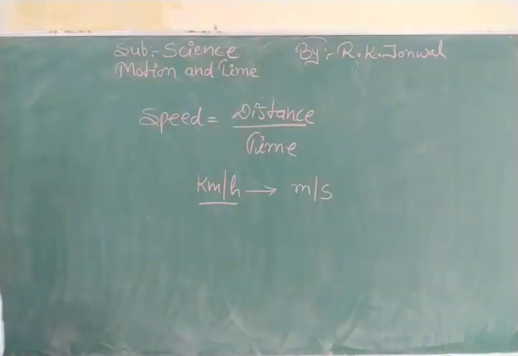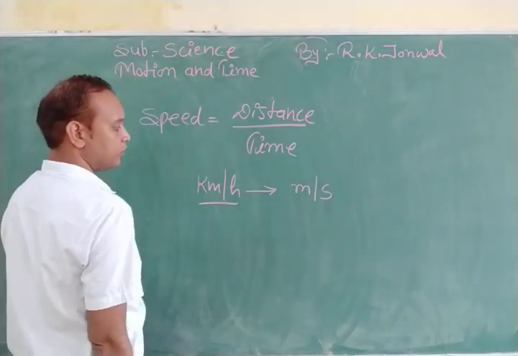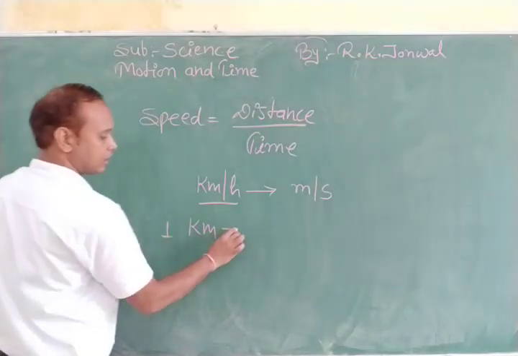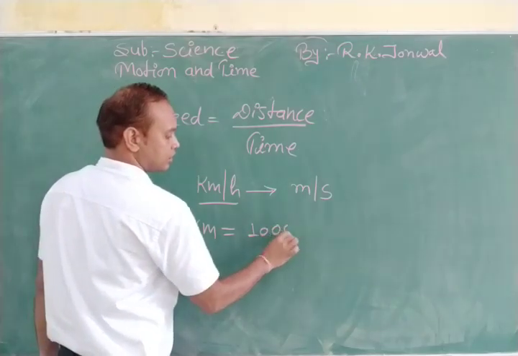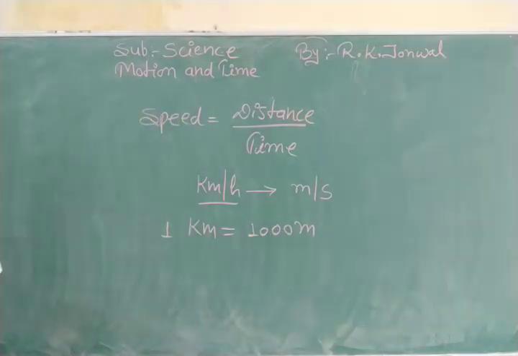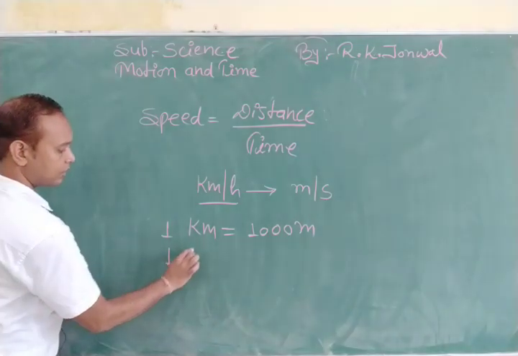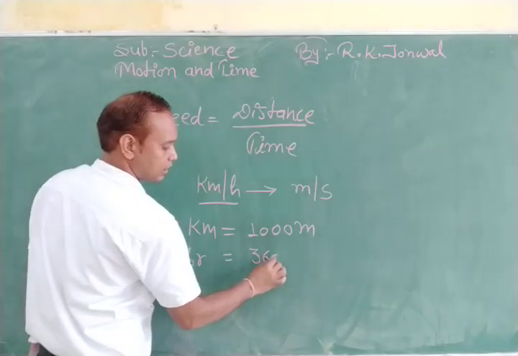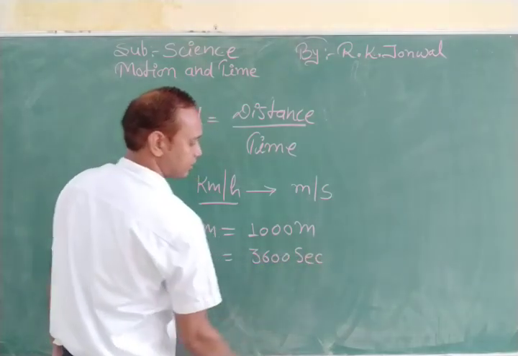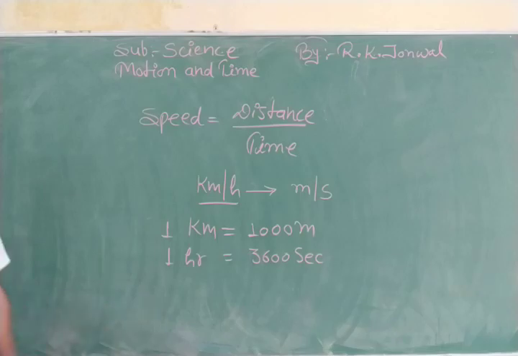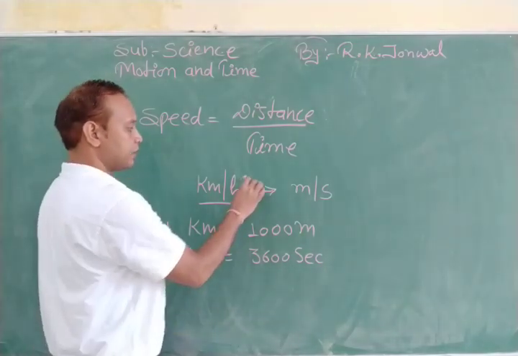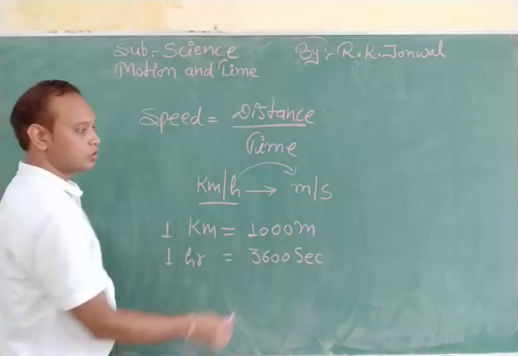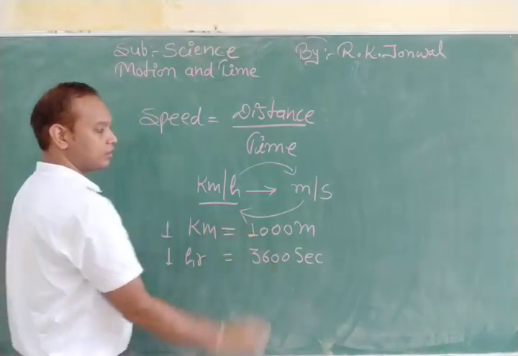For the conversion of these units, we should know in 1 kilometer there are 1000 meters, and in 1 hour there are 3600 seconds. With the help of this previous knowledge, we can easily convert kilometer per hour into meter per second, and also meter per second into kilometer per hour.